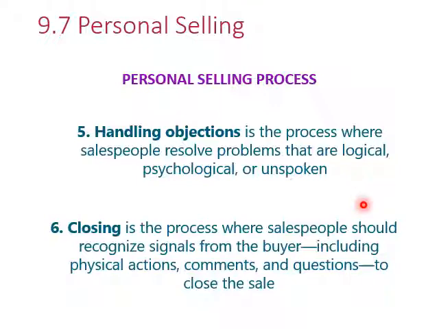So handling objection is when you need to show them the importance of the product. Without the product, what will happen to the customer? Handling objection is different from one product to another.